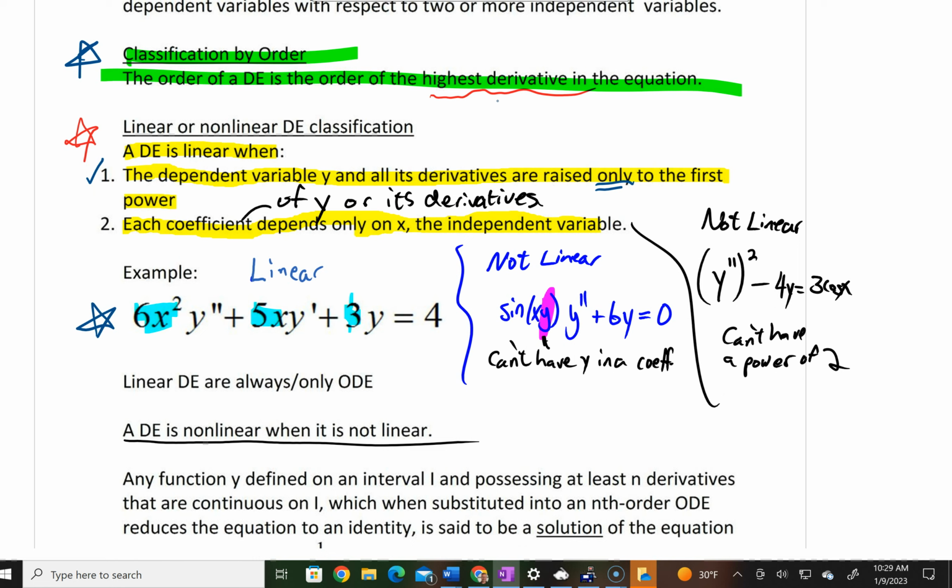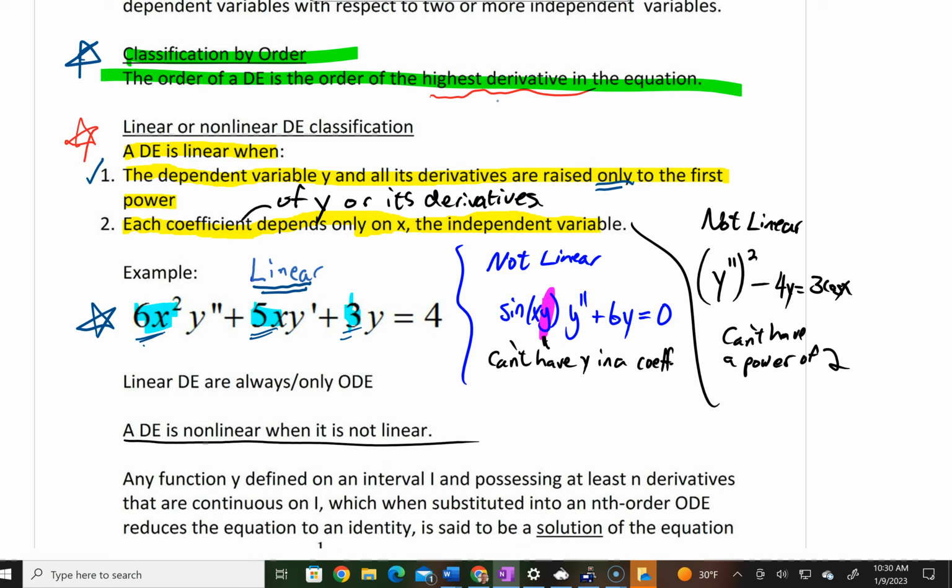Second of all, look in light blue here. We have 6x squared, we have 5x, we have 3. Those coefficients only have x in them, or perhaps they have no variable at all, which would still be a function of x. You don't see a y in there. So if you meet those two criteria, you'd say this would be linear.